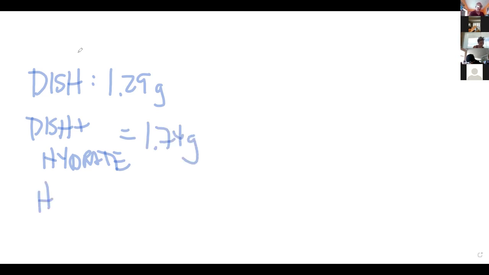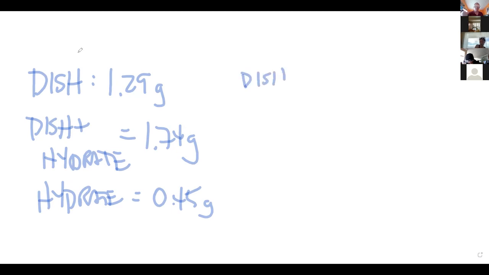So my hydrate mass is 0.45 grams. Dish plus salt anhydrous, that's what I'm going to measure after it's cooled down.